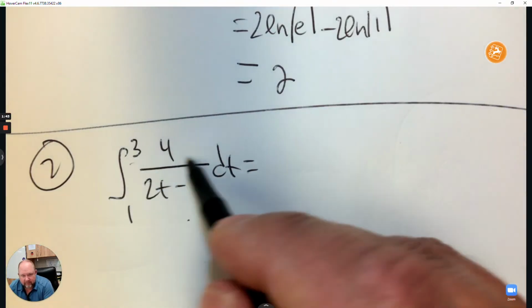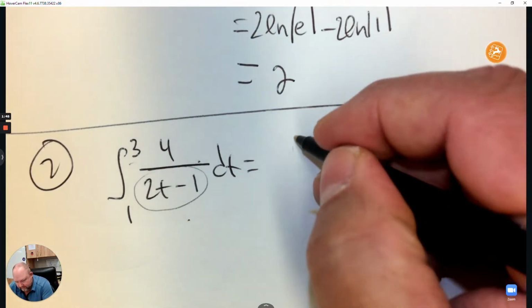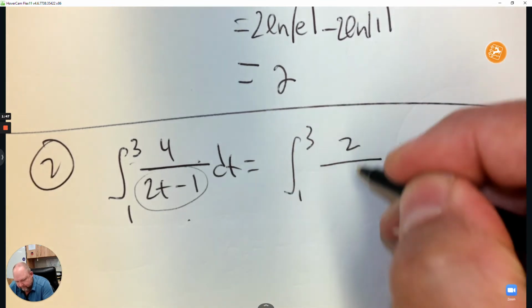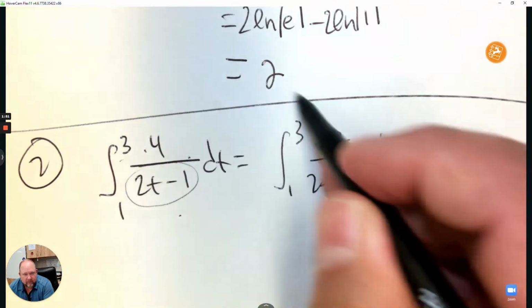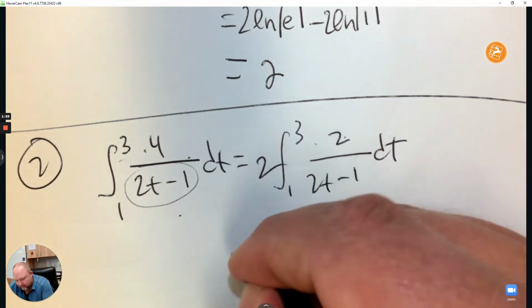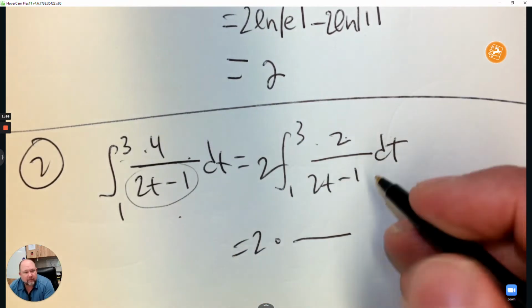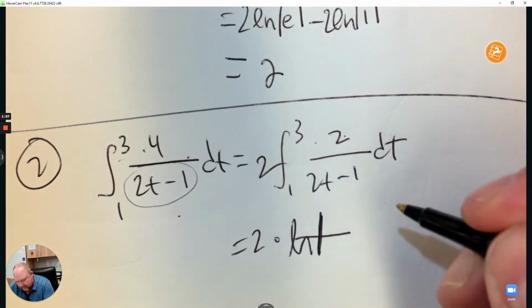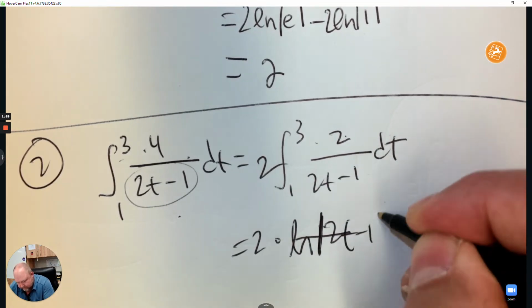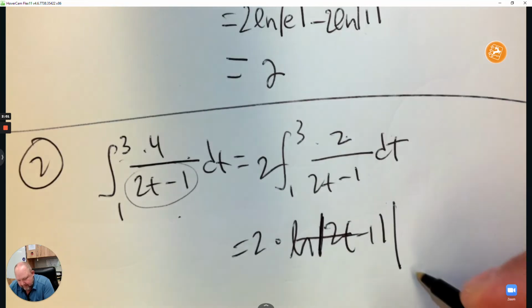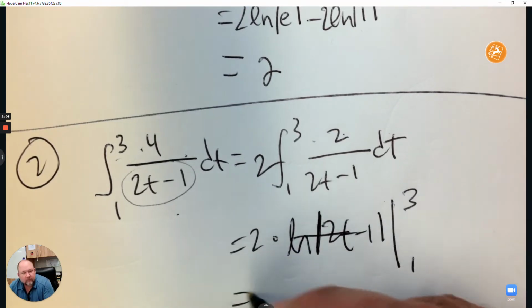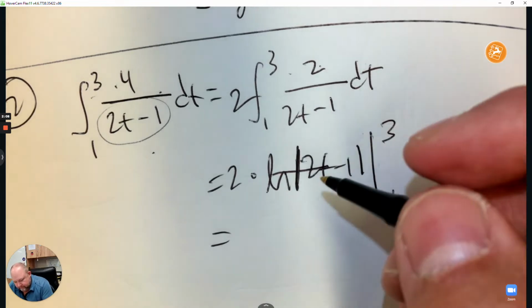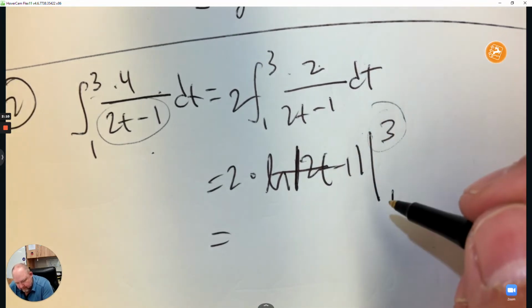Again, what do I look at when I see a fraction? What's the derivative of the denominator? That's where the hook comes from. That's the right hook. Now, what was it before, over what it became? So 4 divided by 2. So then I can start. Oops, this is a logarithm with the absolute value bars. And again, I'm integrating from 1 to 3. So first plug in 3.